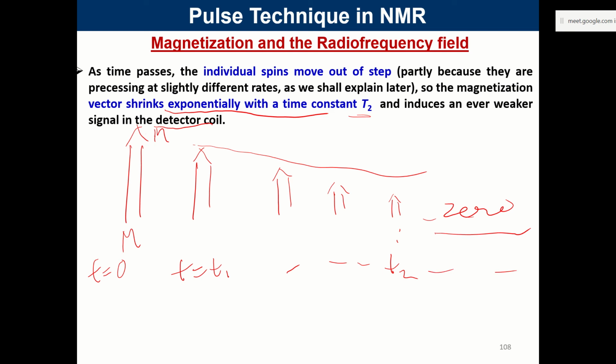After a few microseconds the pulse is gone, and there will be a decrease in the magnetization value gradually in an exponential manner. Of course M is oscillating at the oscillation frequency, and the value of M, the vector, will decrease gradually.